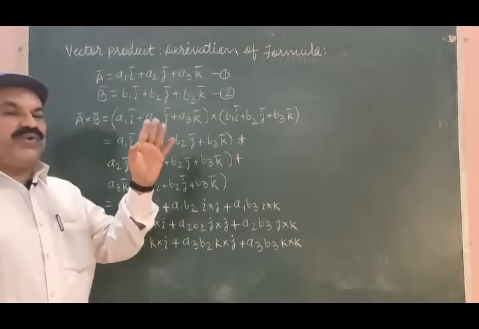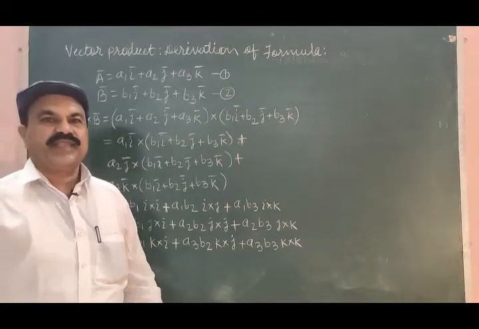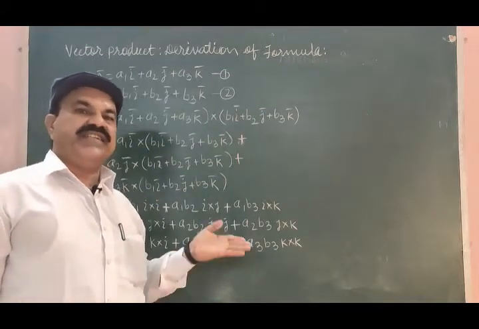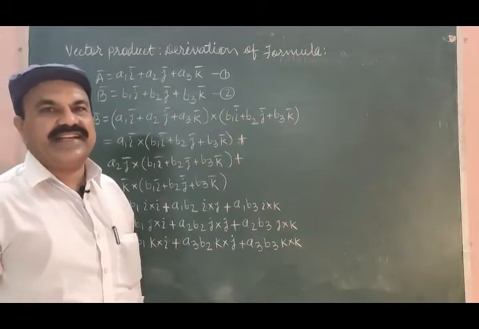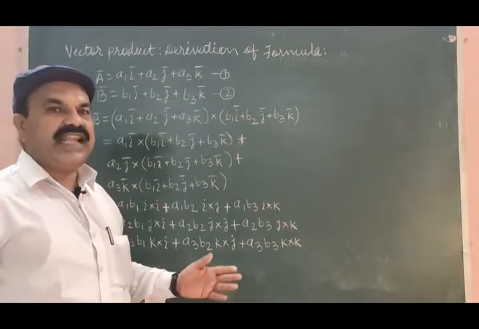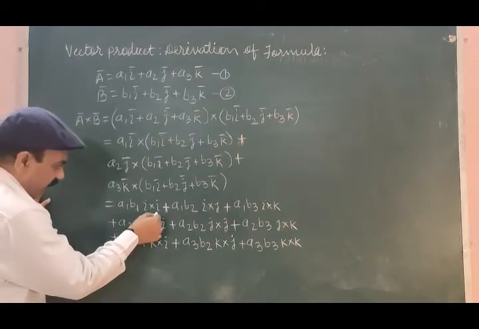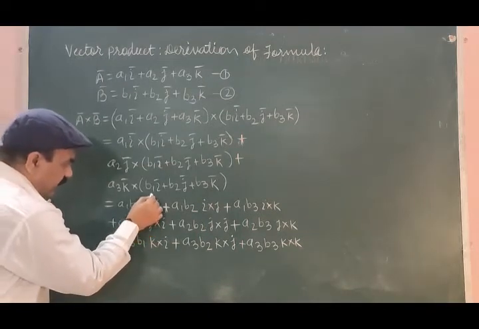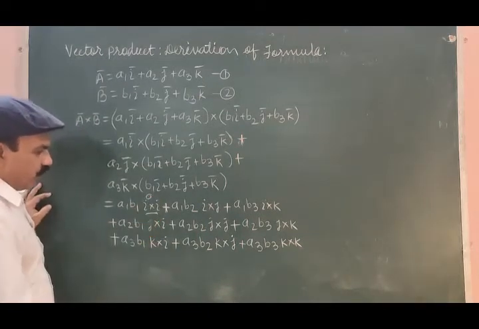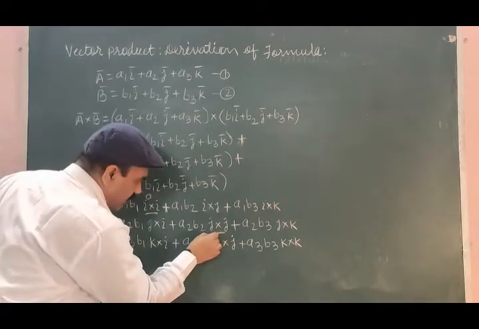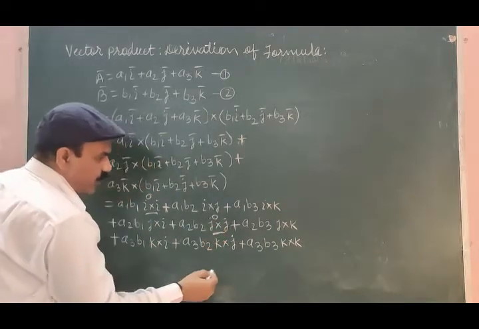Now here we have to use the 9 rules we studied in the last lecture. What is i cross i? 0. What is j cross j? 0.